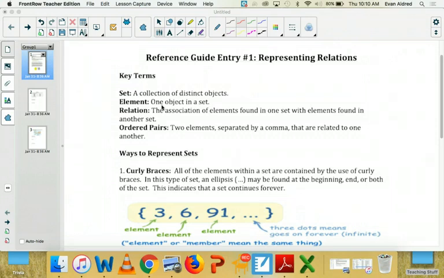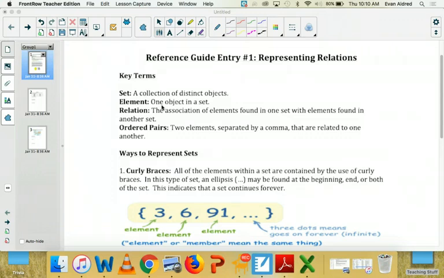Now we get into a relation, and that's what we're going to ultimately be representing today. A relation is the association of elements found in one set with elements found in another set. So with this, we will be representing something in common between 2 sets. We'll have 2 distinct groups of things, and there will be some way in which they are related to one another. That's what we'll be looking at today.